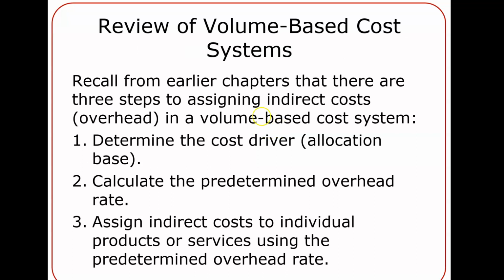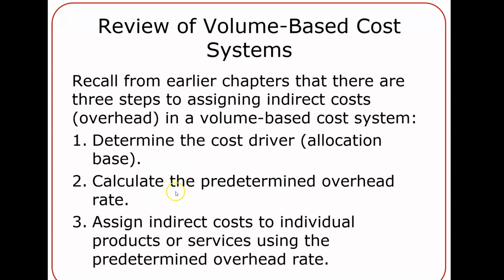So as a review, when we worked in the earlier chapters, we assigned indirect costs, the overhead, the MOH, in a volume-based costing system. We assigned it by first determining the cost driver, that allocation base. What did we determine the company used to drive that overhead cost?